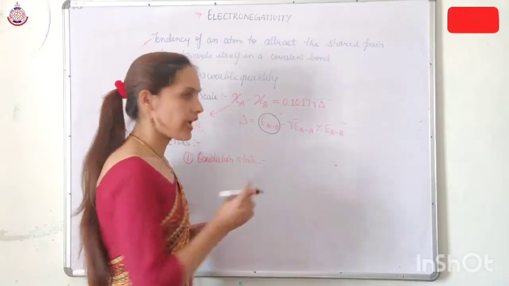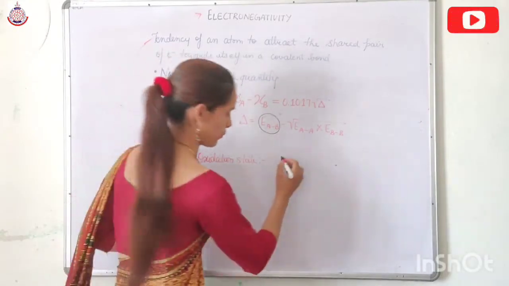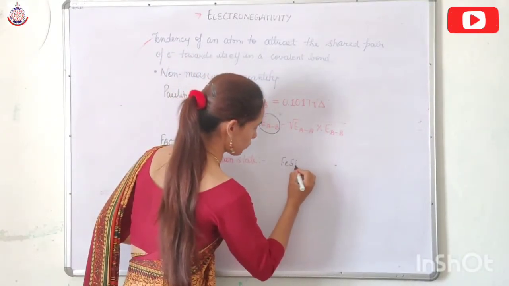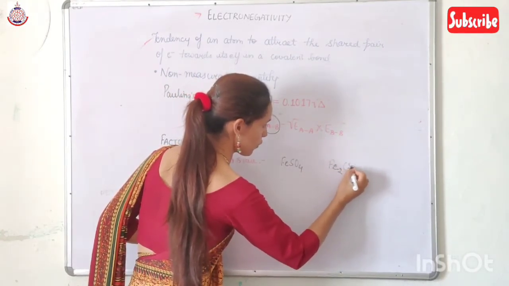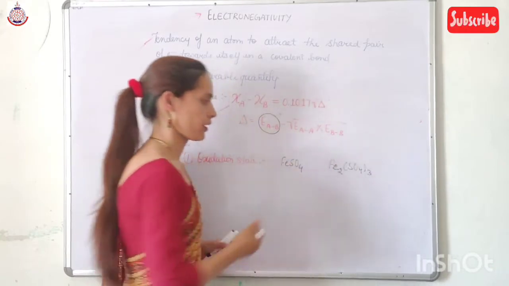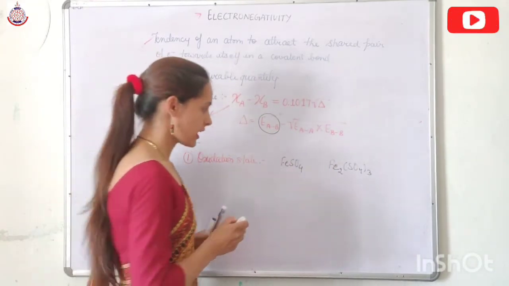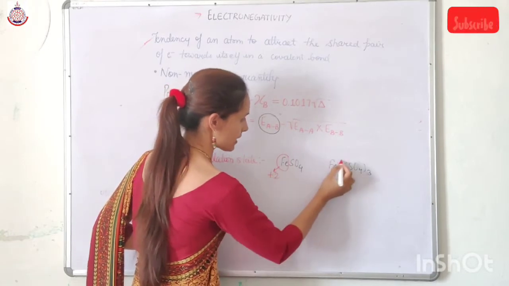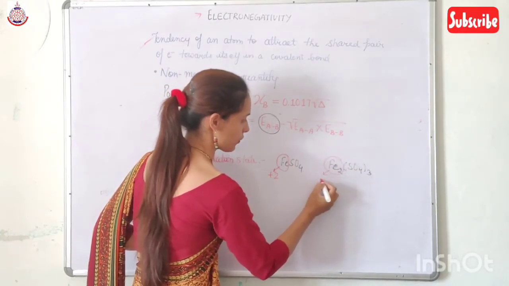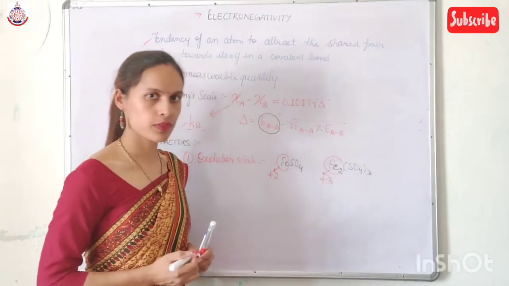Now, suppose I have two salts of iron. One is FeSO4, another one is Fe2(SO4)3. In the first case, the oxidation state of Fe is +2, and in the second case, the oxidation state of Fe is +3.